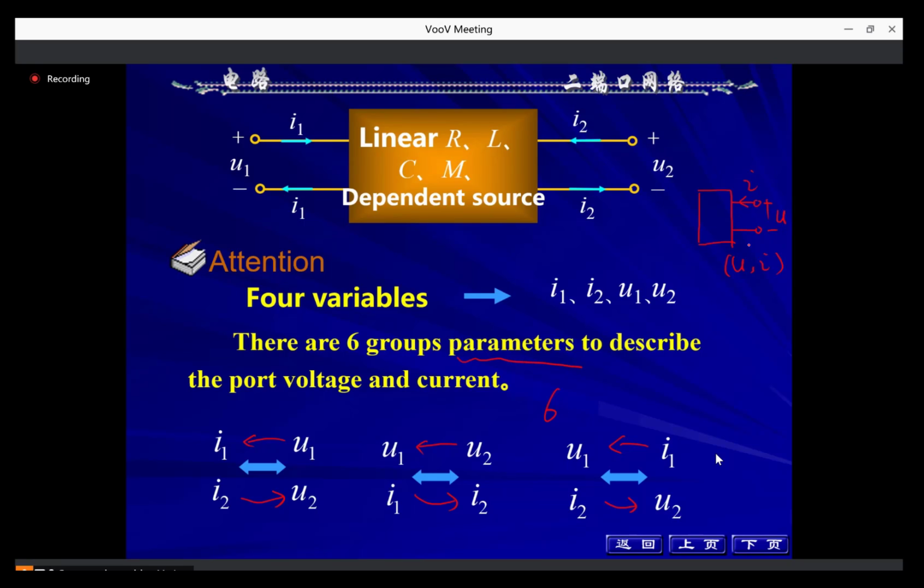But for the one-port network, we have only 2 parameters. We use I to express U, this is Z, or we use U to express I, this is Y. This is for the one-port network, and this is for the two-port network. So the two-port network has 6 parameters, but the one-port network has only 2 parameters. Pay attention, this is a difference.